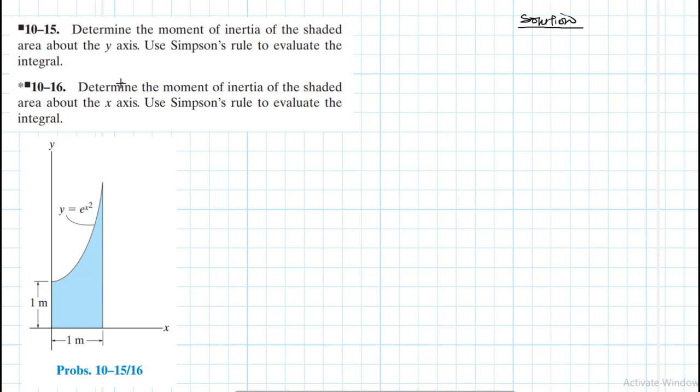So what is this moment of inertia of an area? This is a geometric property of a shape, such as a cross section of a beam, that describes how the area of that given shape is distributed around the chosen axis, that axis that we want to determine the moment of inertia about.